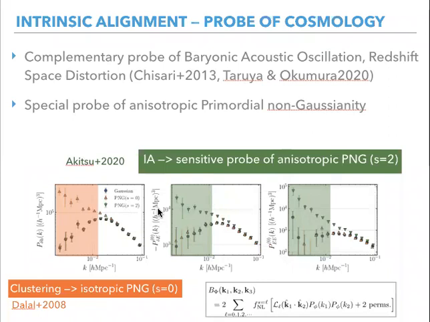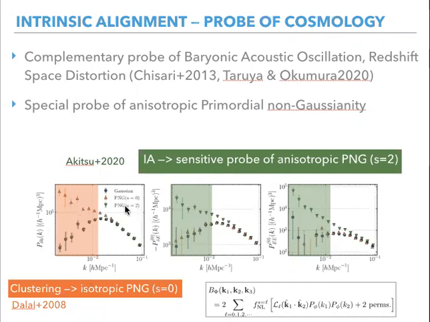There is also work done by previous students at Kavli IPMU showing that this intrinsic alignment signal can be a very special probe of anisotropic primordial non-Gaussianity. This figure shows that for the isotropic primordial non-Gaussianity, the galaxy clustering or halo clustering at large scales is a good probe.